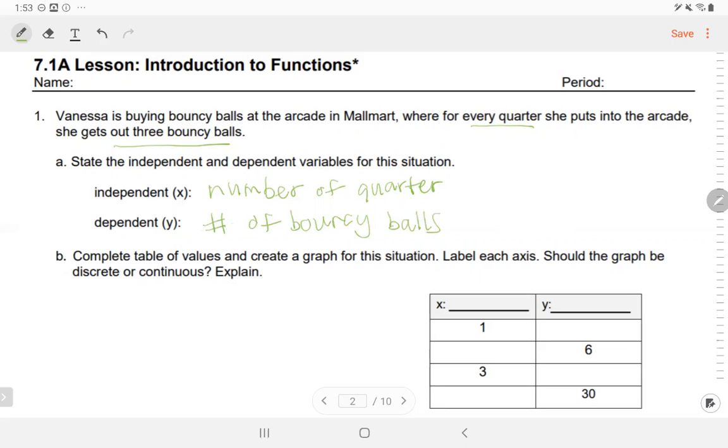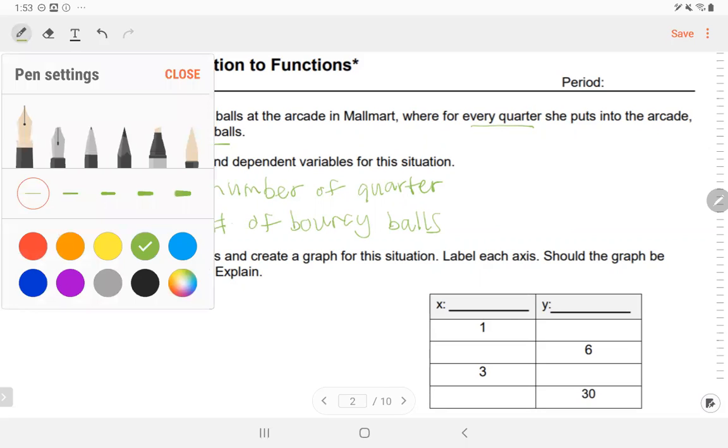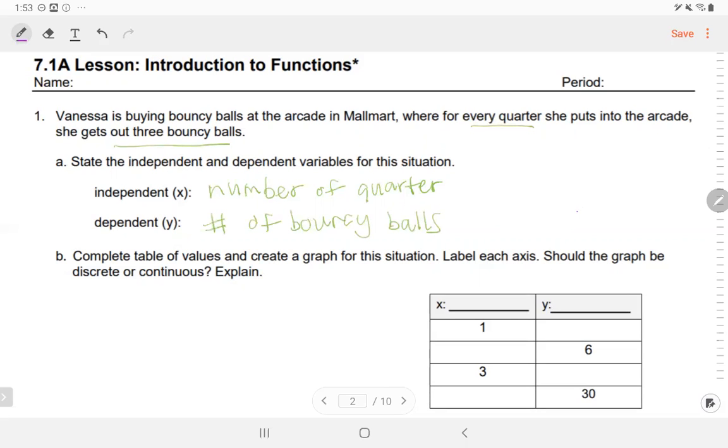Complete the table of values and create a graph for this situation. Label each axis. Should the graph be discrete or continuous? Well, our x variable was the independent, and this was the number of quarters. And our y variable was the dependent, and this was the number of bouncy balls. So if we put 1 quarter in, we're going to get 3 bouncy balls.